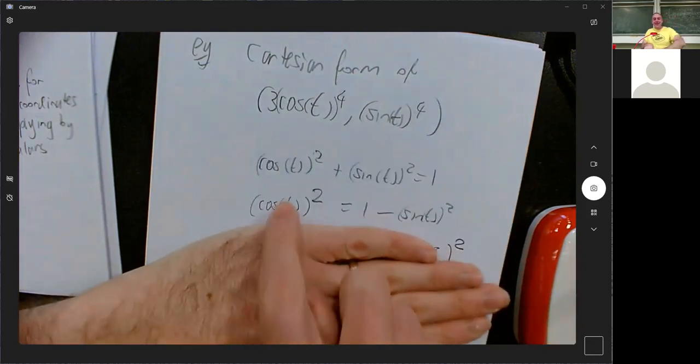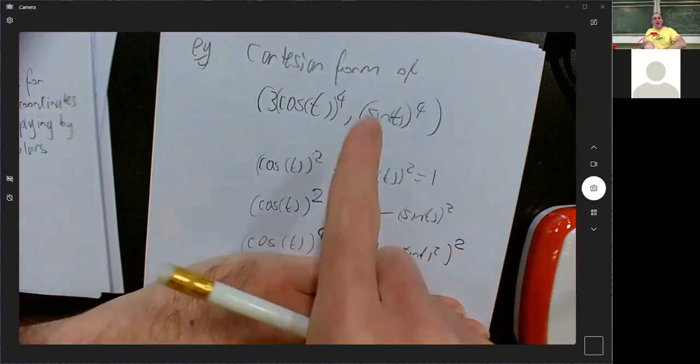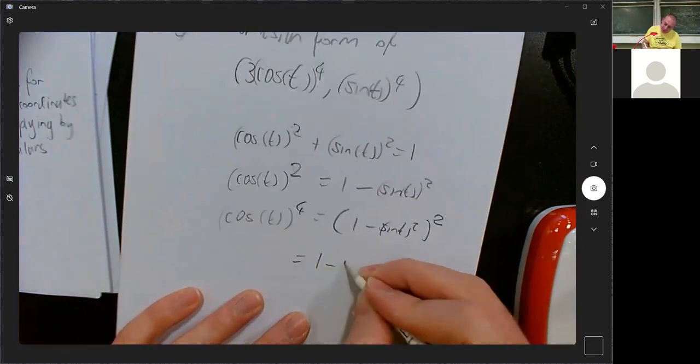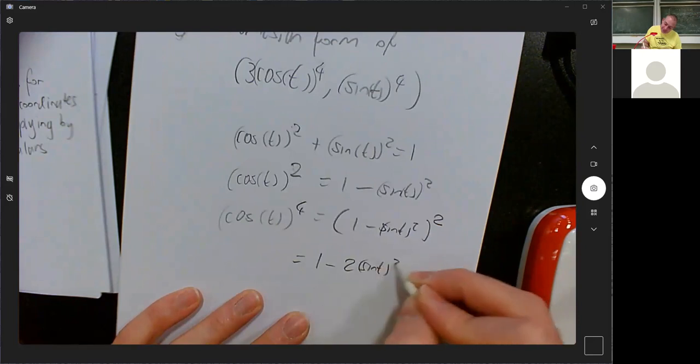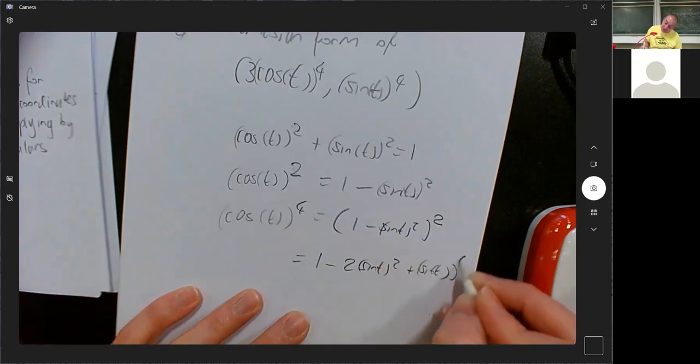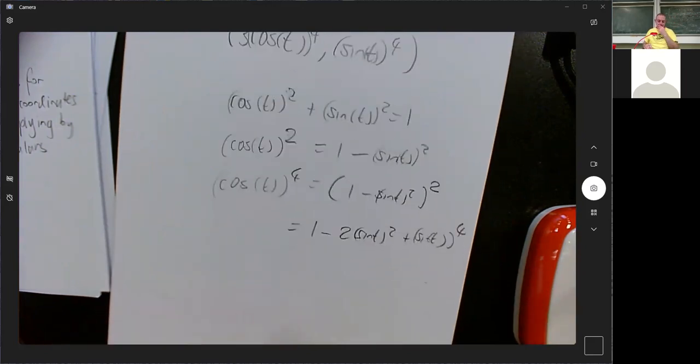All right, I've got the squared here. If I square it, I'll get the 4 that I'm looking for. And that is 1 minus 2 lots of sine t squared plus sine t squared, which is to the power of 4. Crap. This I do not like. That's okay. I can fix it.